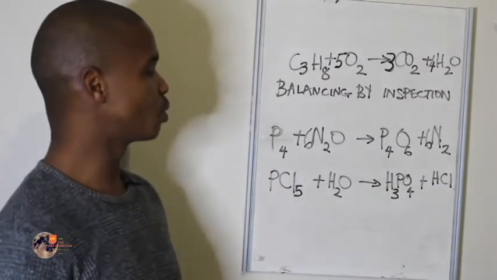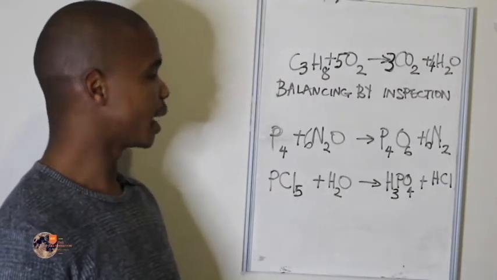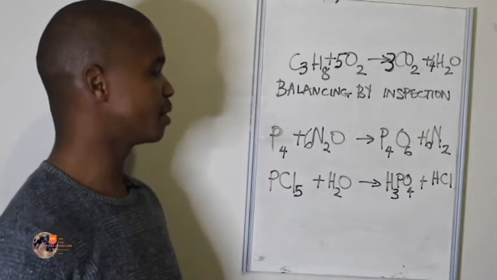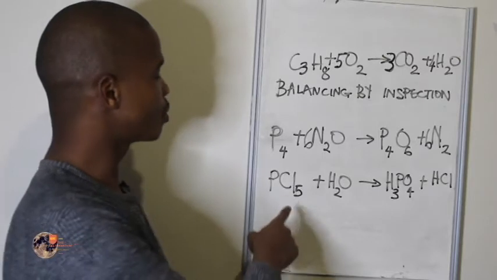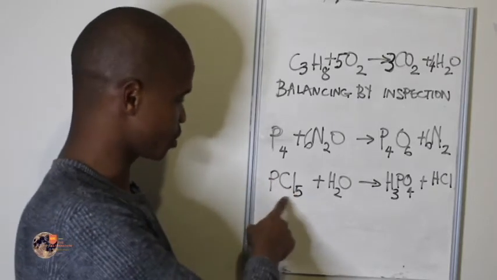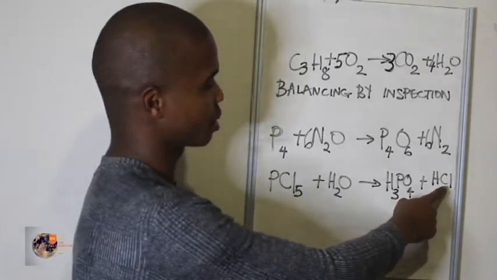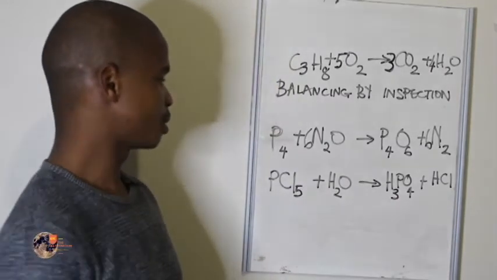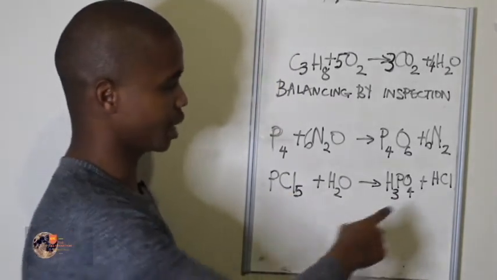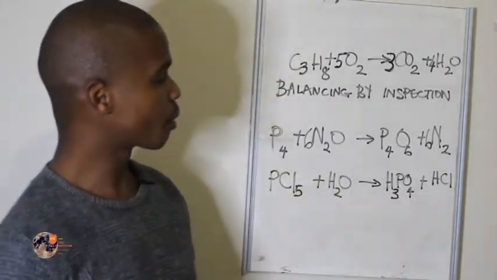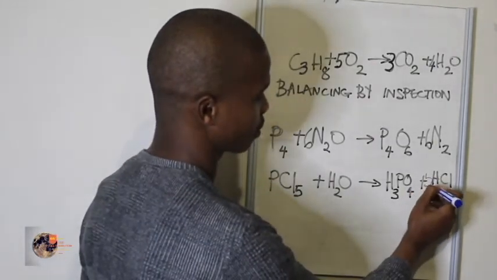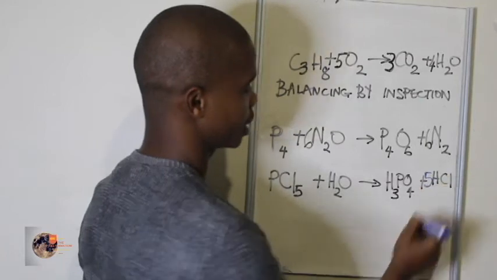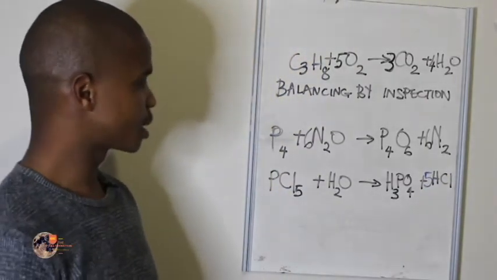So we can't look for hydrogen because it's going to give us problems. Then you can look for chlorine because it occurs once here and it occurs once on this side. But you have 5 on this side, you have 1 there. So this will be 5 chlorines.